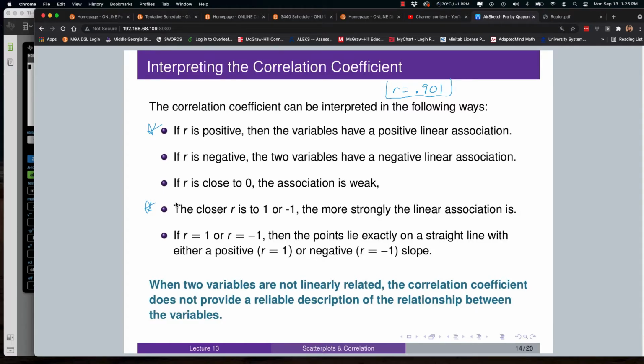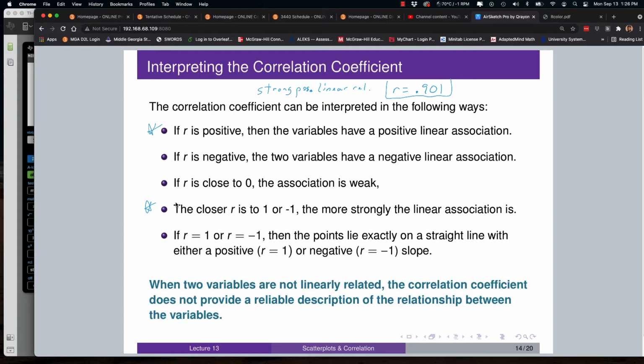So since 0.901 is really, really close to 1, we would say that we have a strong positive linear relationship. I'm just going to say relationship, REL.